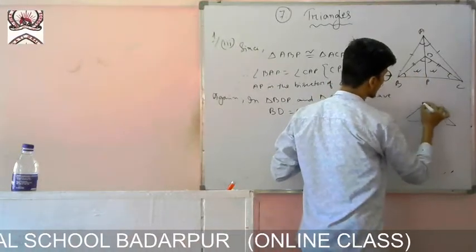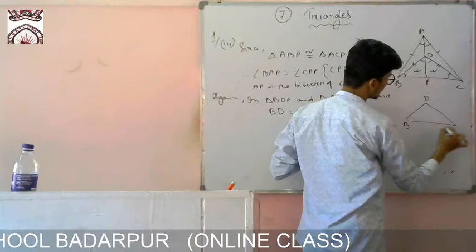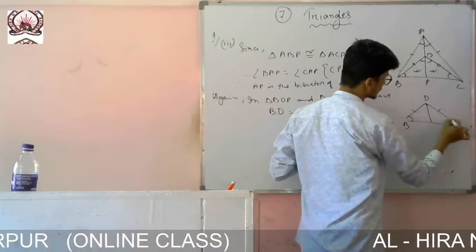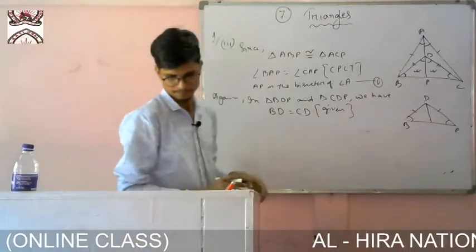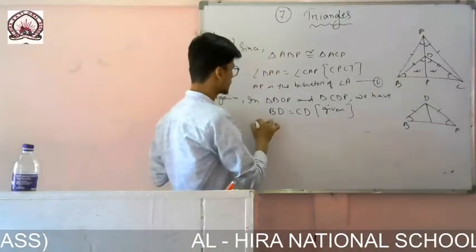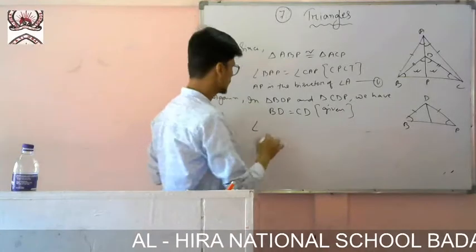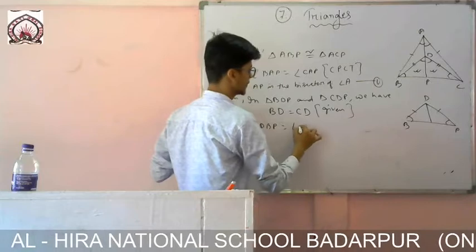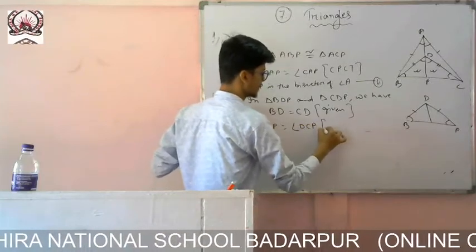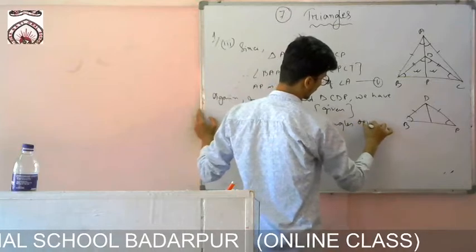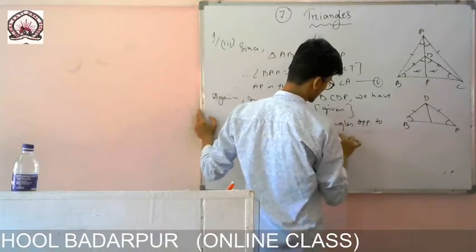If I draw this diagram like this, DBP, that means if these two sides are equal, then this angle will be equal to that one. So I can write angle DBP equals angle DCP, and the reason you write: angles opposite to equal sides are equal.